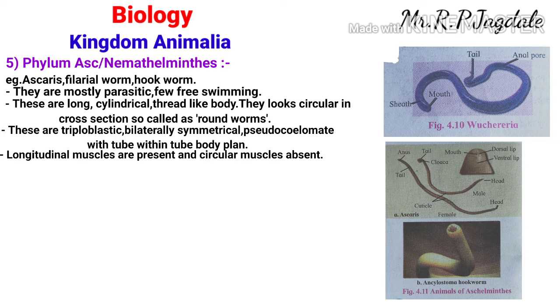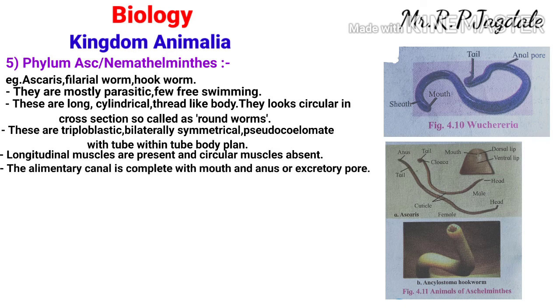The alimentary canal is complete with mouth and anus or excretory pore. This is a characteristic feature of Aschelminthes. The nervous system of the animals of this phylum has a nerve ring and nerves.